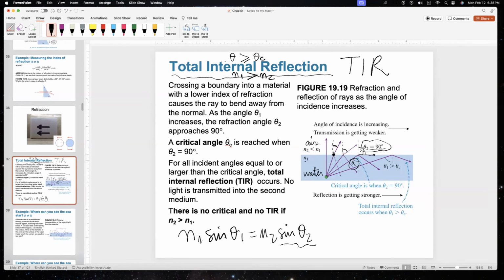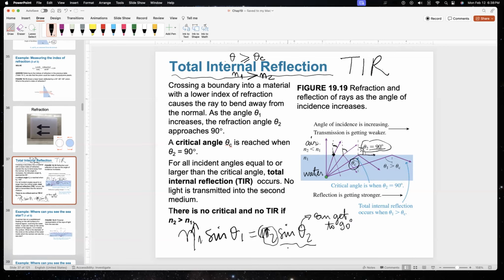So I need to start somewhere where the speed of propagation is low, where the n is big. Because if this n1 is big and this n2 is small, it means that this theta here can get to its maximum value, 90 degrees.